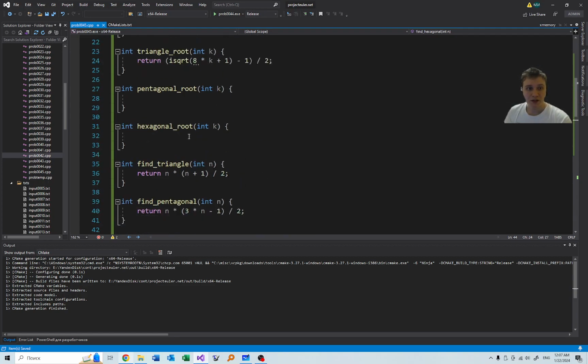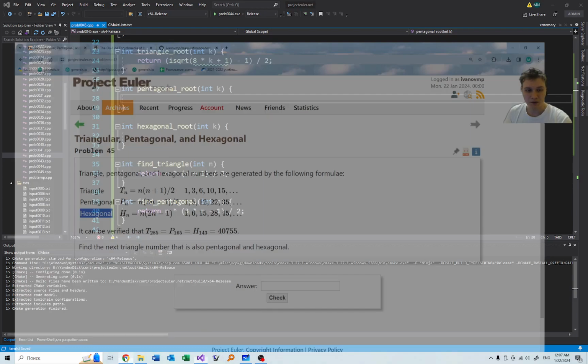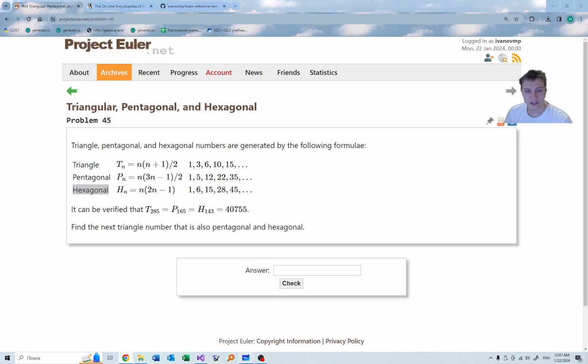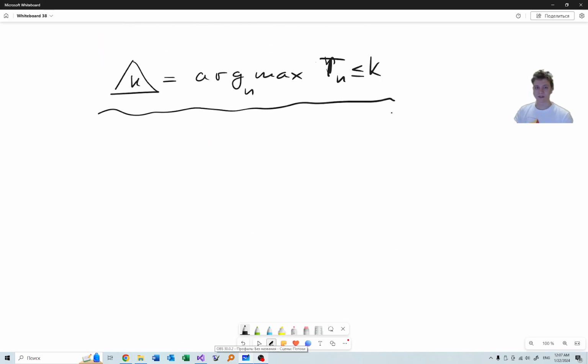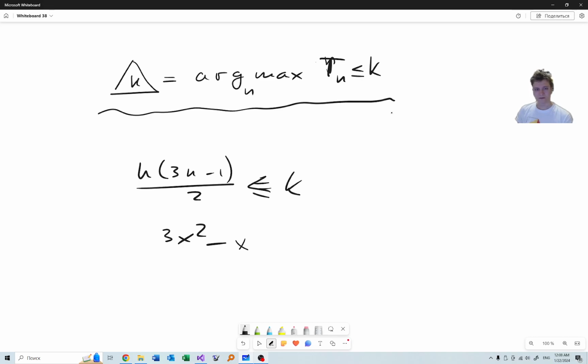Well, finally we need to write these functions. So let's start with pentagonal root. So n times 3n minus 1 over 2 is k. So 3x squared minus x is at most 2k. This means that 3x squared minus x minus 2k is at most 0.